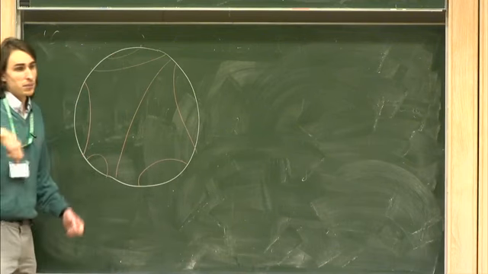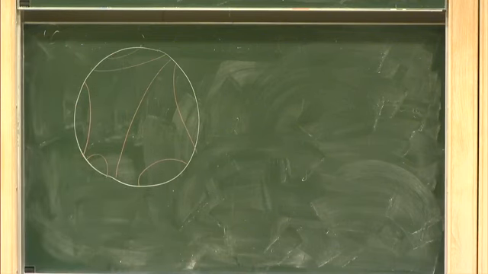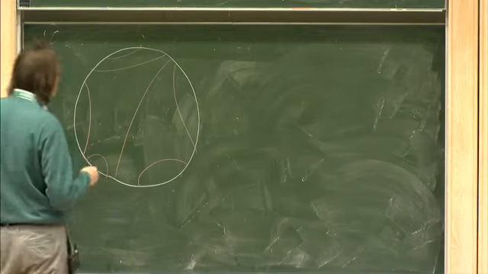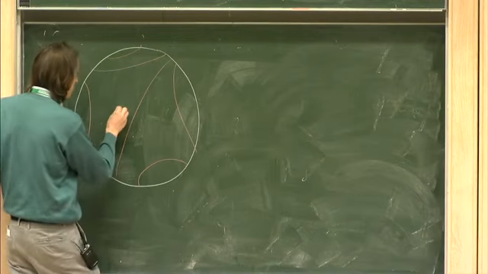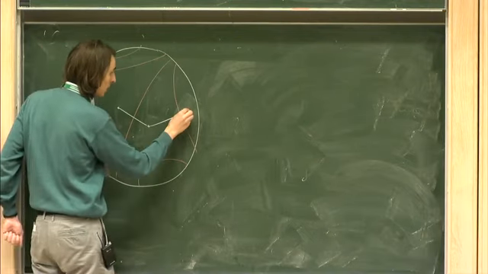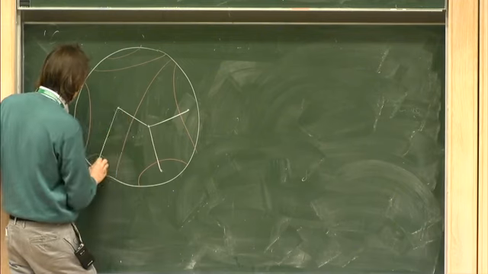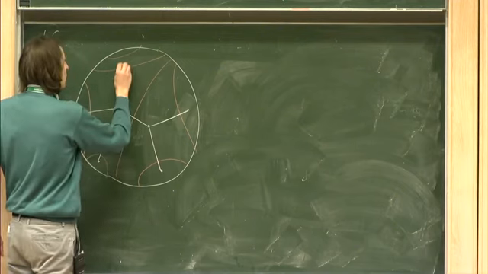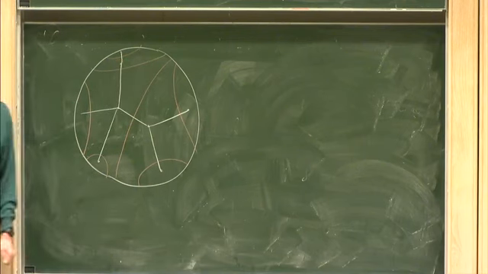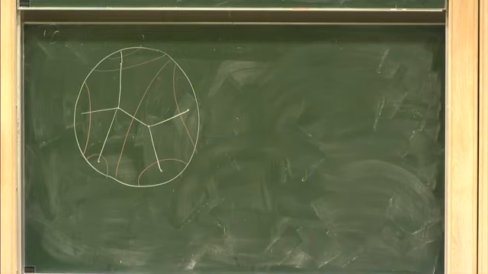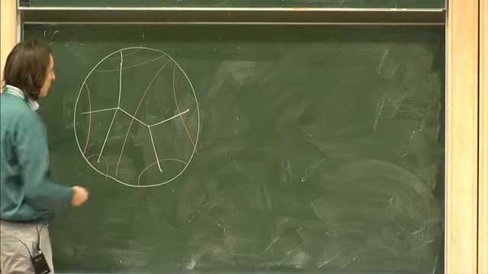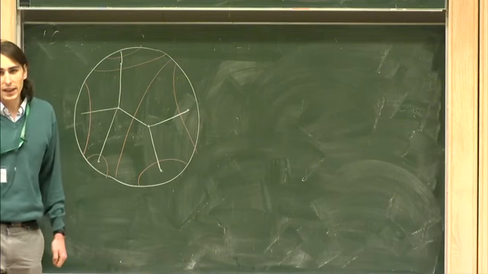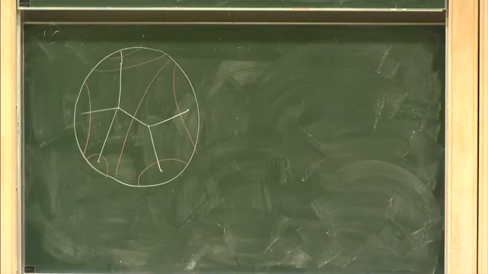So we get a set of lines on H2, and associated to this, we can build a tree so that each region bounded by those lines is going to be a vertex, and each line is going to be associated to an edge.